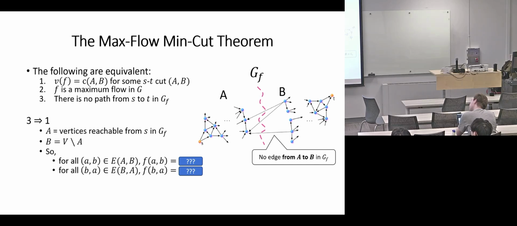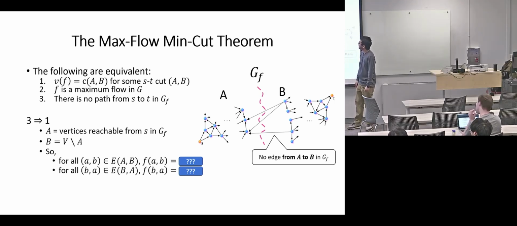This set cannot contain T, otherwise you can reach T from S. B is just the complement of A. So AB is the ST cut, because S cannot reach T.